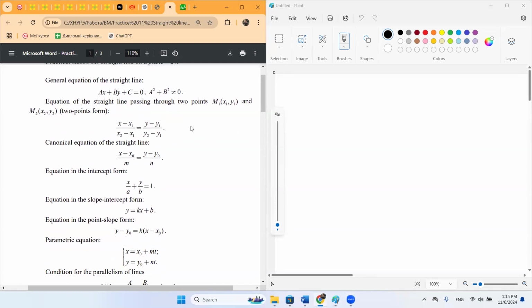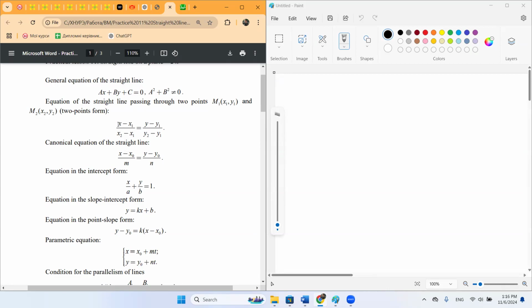This is the equation of a straight line passing through 2 points. You remember from school that we can write only one line through 2 points and no more.